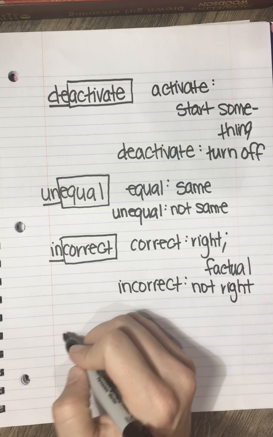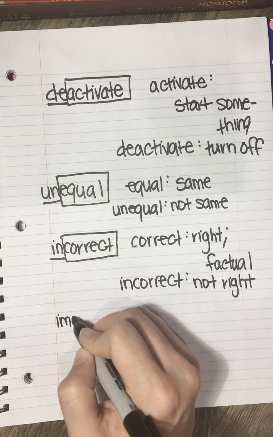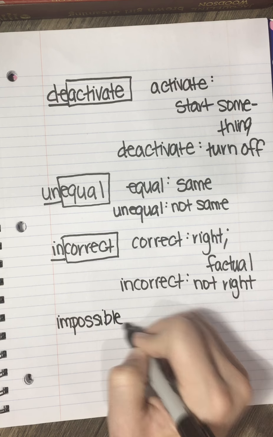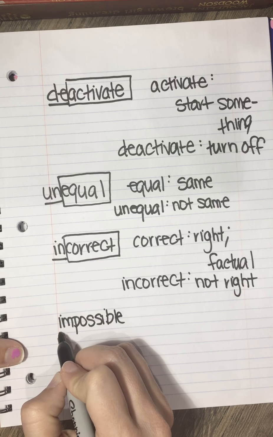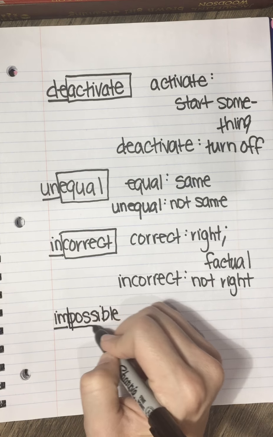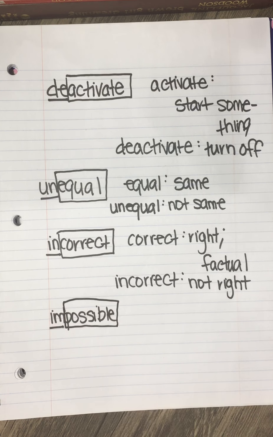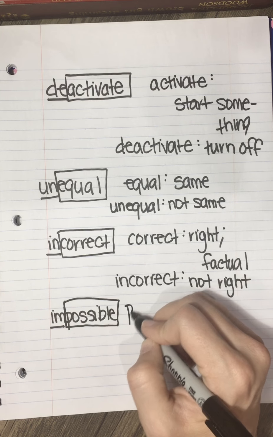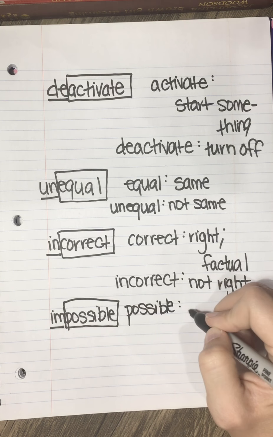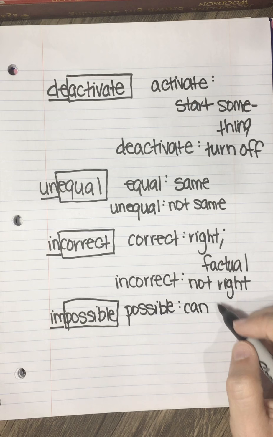Okay, so if we have the word impossible, im would be our negative prefix. Possible would be our root word that it's attached to. Possible means that something can be done.